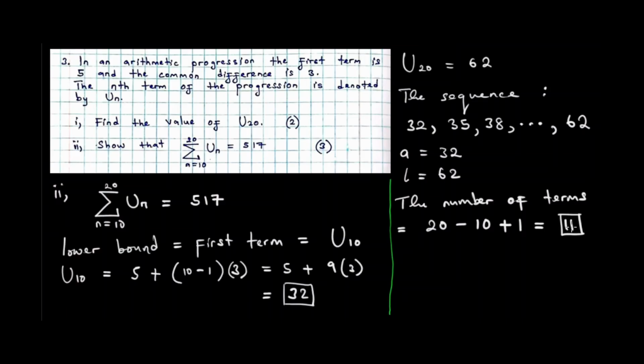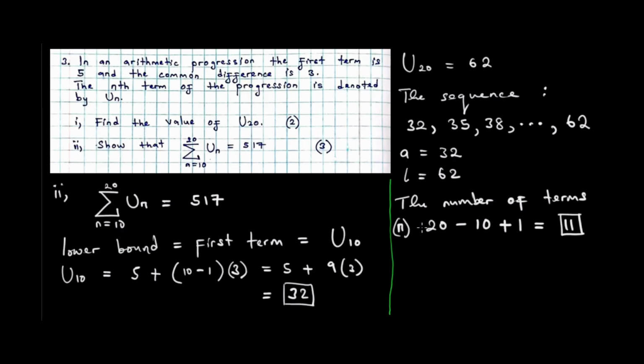So when we go from term number 10 to term number 20, to know the number of terms, which in mathematical terms we call n, the number of terms is n.